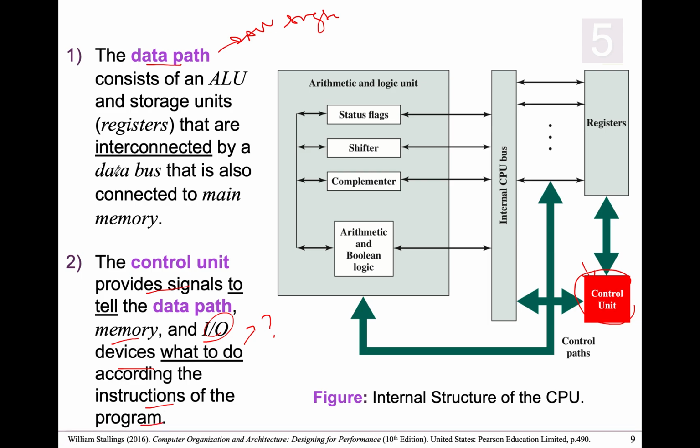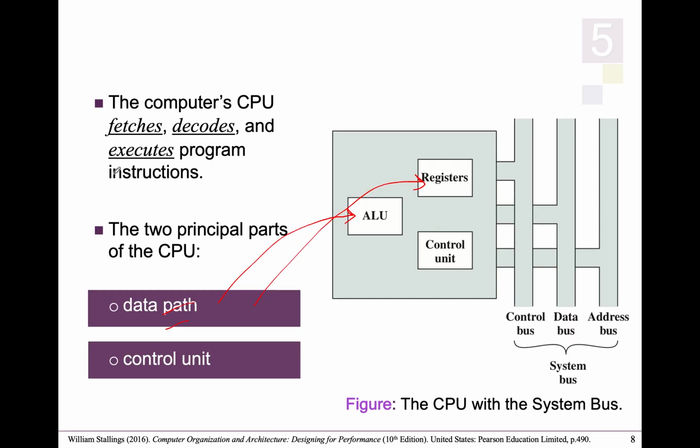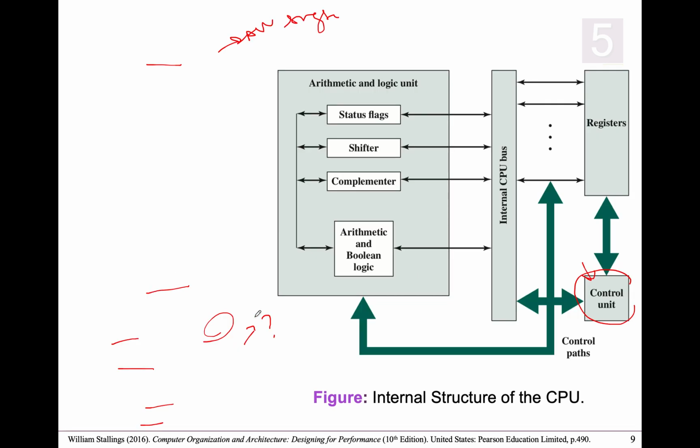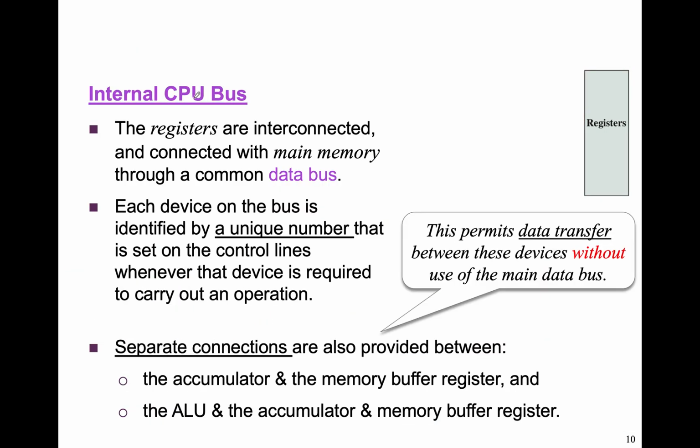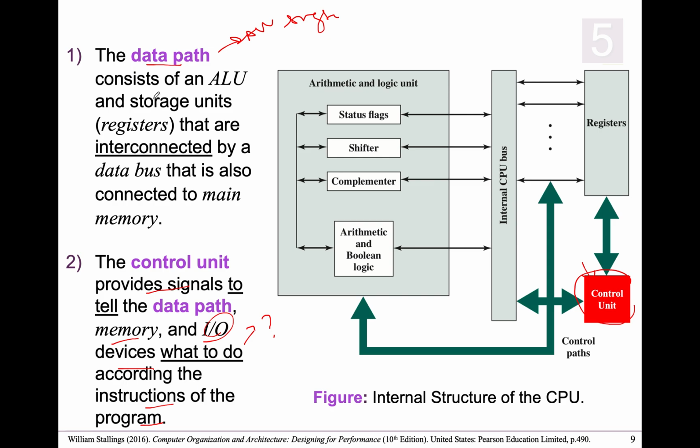So these are the two main principal parts of your CPU, data parts and also control unit. Now you already know. Under your internal CPU bus, you can see over here. Now we're going to look into this part. Because you already know about your ALU, you already know about your register, but maybe you're going to go deeper later on. The internal CPU bus, you didn't learn yet, isn't it?